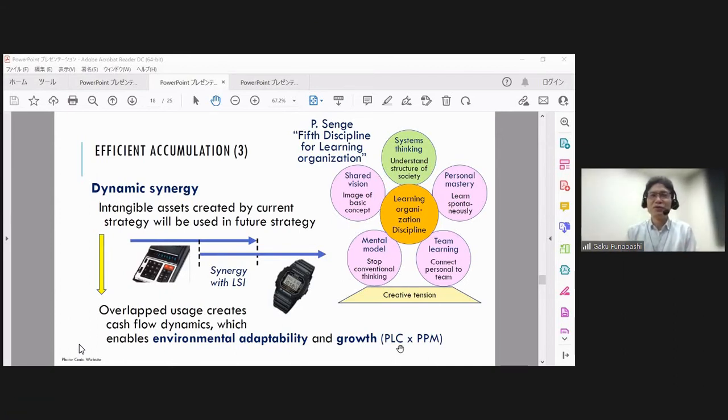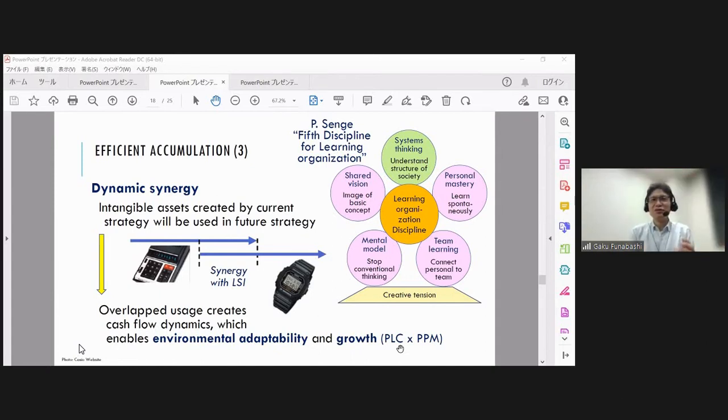And product portfolio management, there are four kinds of businesses based on the relative market share on the horizontal axis and industry growth rate on the vertical axis. One is cash cow, which can sell more and generate the revenue and generate profit.